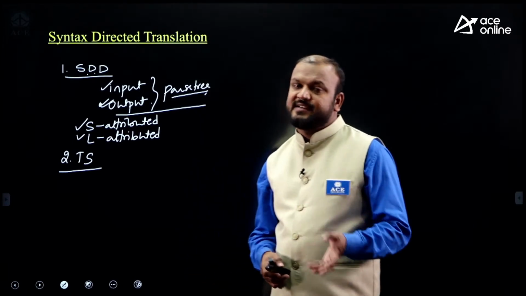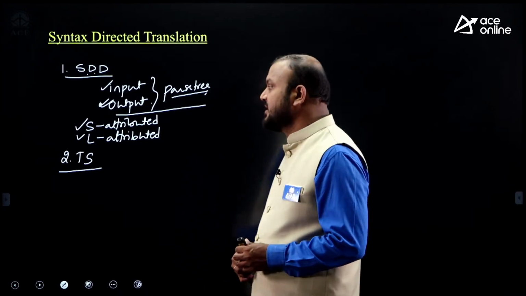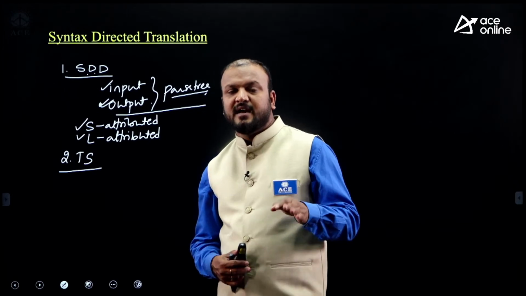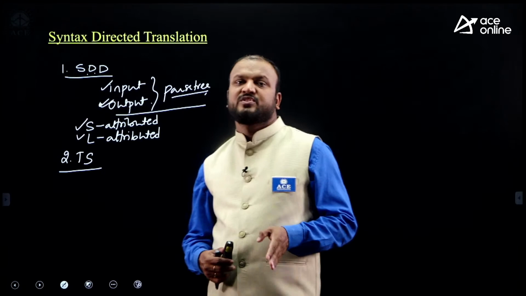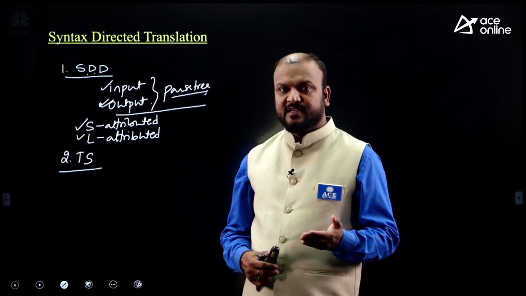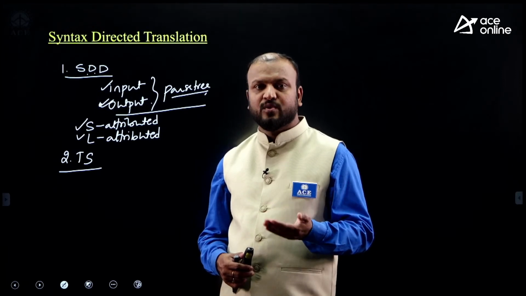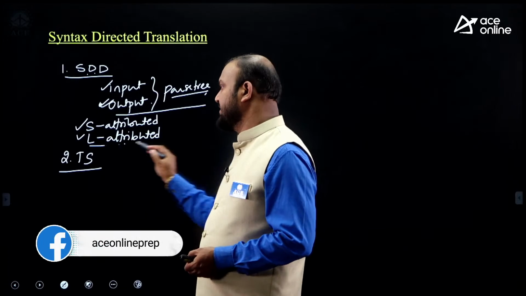When the syntax directed definition uses synthesized attributes exclusively, we call it S attributed. L attributed means it uses synthesized and inherited attributes. And the inherited attributes have a condition: they should be defined from the parent and only from the left sibling, not from the right sibling. Then we can call it an L attributed definition.